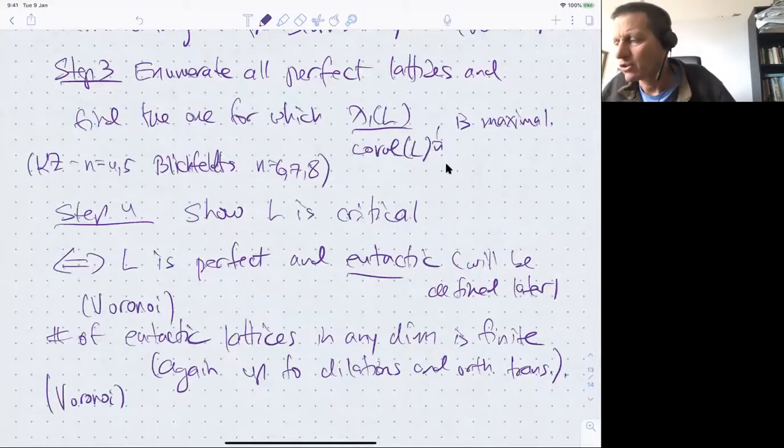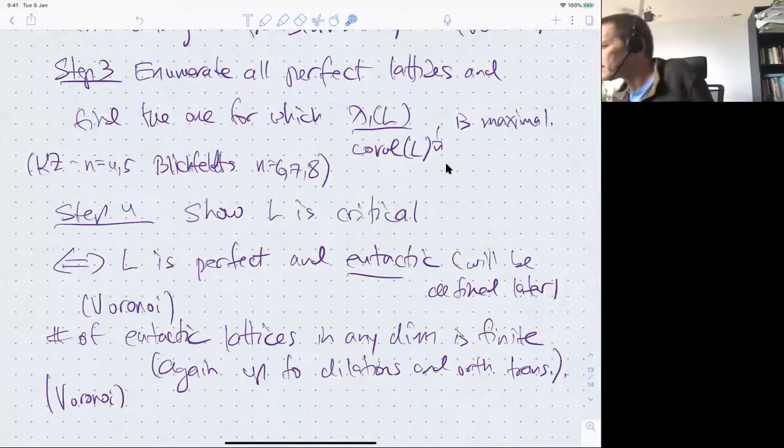So this is another geometrical property. And in fact, there's a necessary and sufficient condition for a lattice being critical, and that's due to Voronoi. Okay, so this is the theory we're going to be developing today and next week. And so I want to start off by explaining perfect.